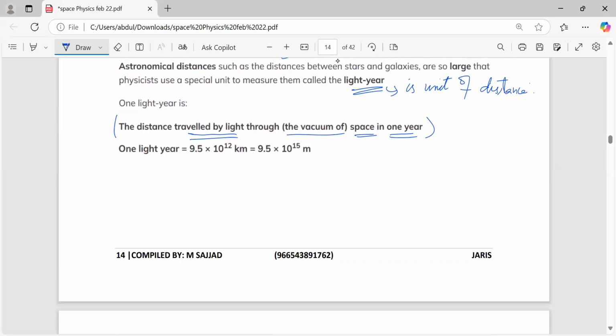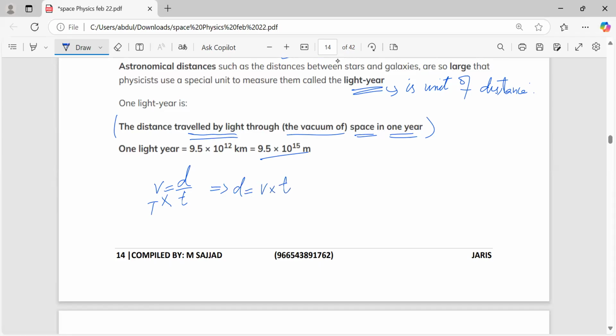Now 1 light year is equal to this much. How to get it? Please, this has come in paper 4 exams even for 3 to 4 marks. We know speed is equal to distance over time. Light year is a distance, so distance is equal to speed times time.